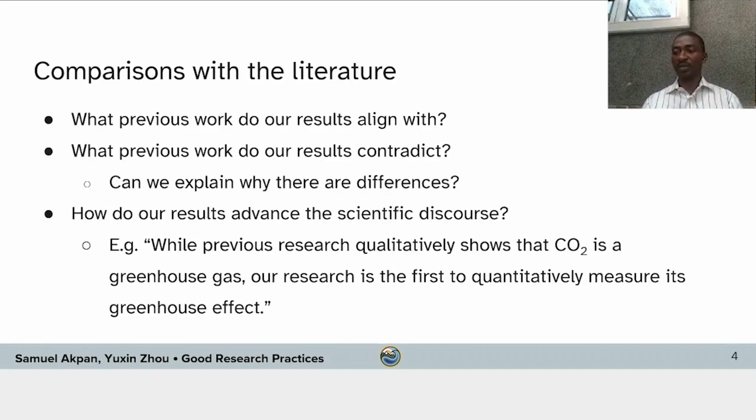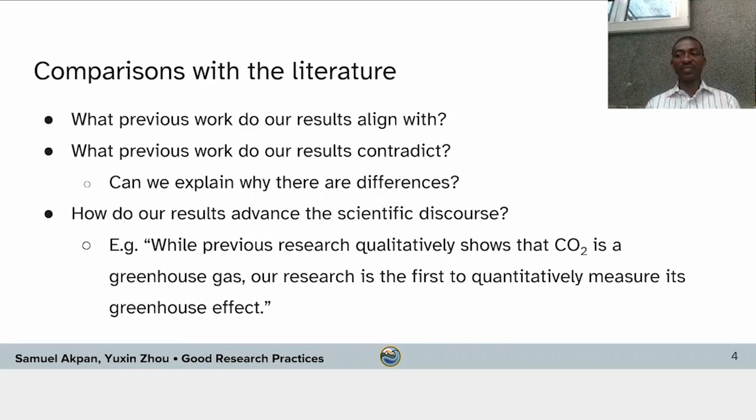Okay. And the next thing is to think about comparing your work with existing literature. Here, you just want to put your work side by side with the existing body of knowledge to see if your work is in agreement with, aligning with, previously accepted knowledge, or if it is contradicting. If it is contradicting, you want to ask yourself, can we explain why there are differences? We also want to think about how our work is advancing scientific discourse.